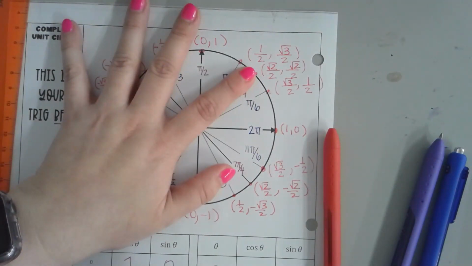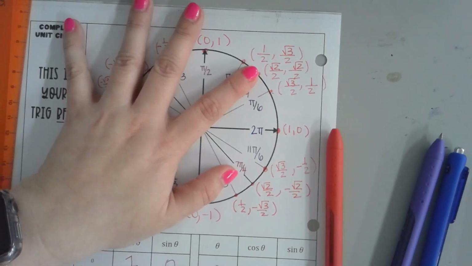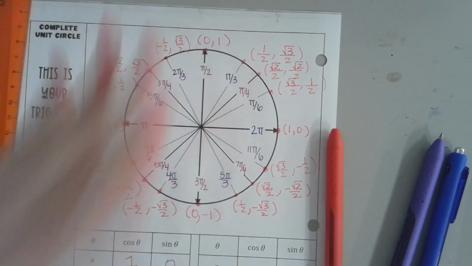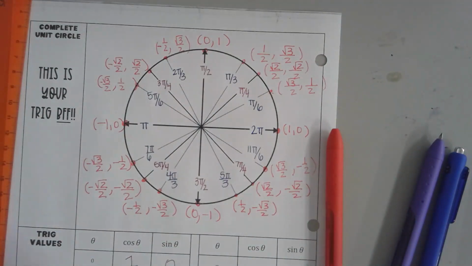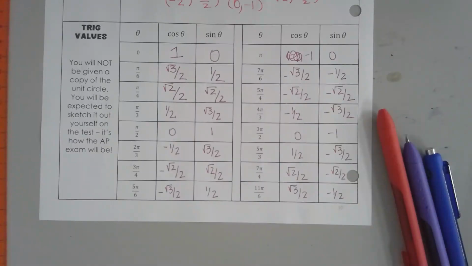Square root of 2 over 2, square root of 2 over 2. I want you to finish filling in all of that chart. Well, that's your filled in chart. Just took it from the circle, put it in chart view.